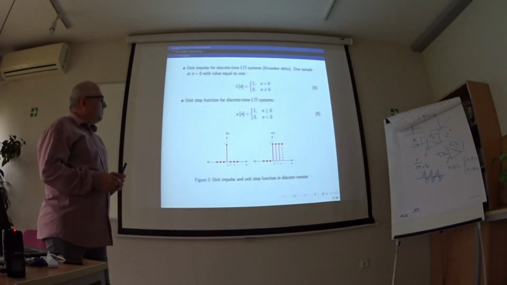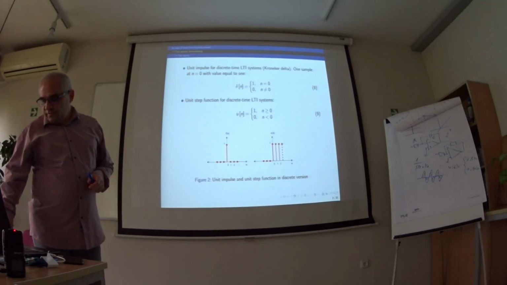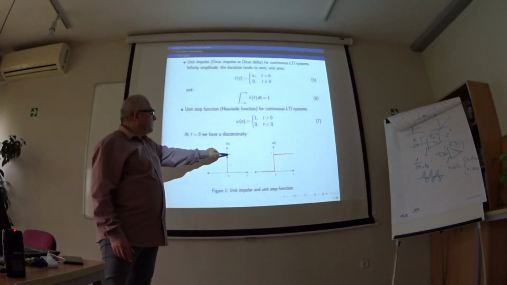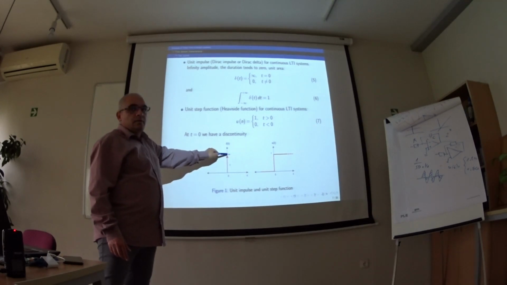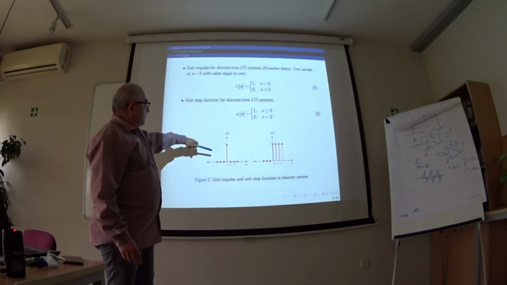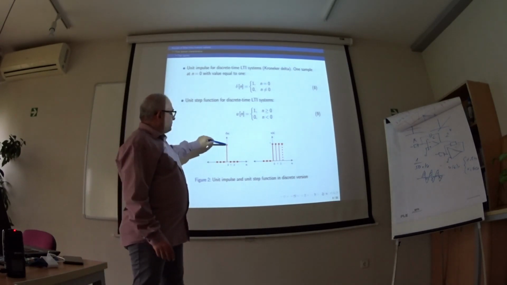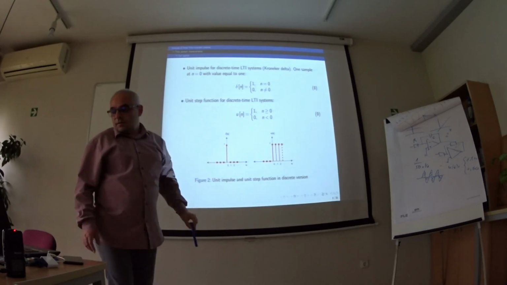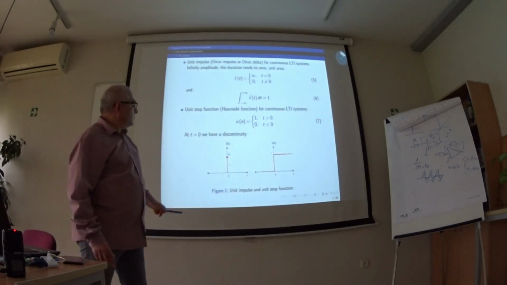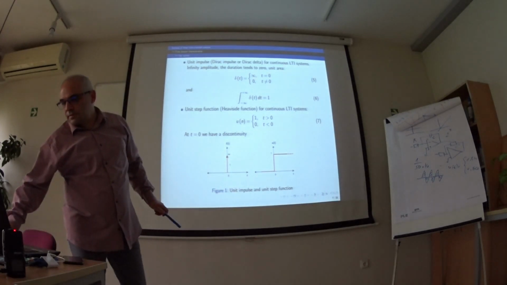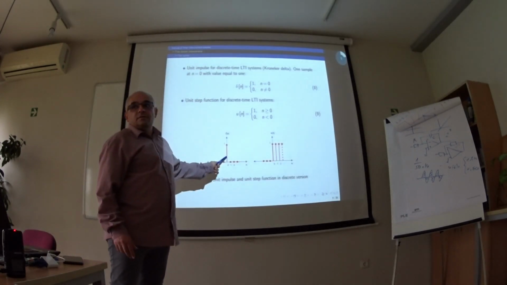The main difference is when we have delta of t, the amplitude is infinity, but the area is 1. When we have delta of n, its value is 1. That's the difference. This thing doesn't exist in the real world, but this exists.